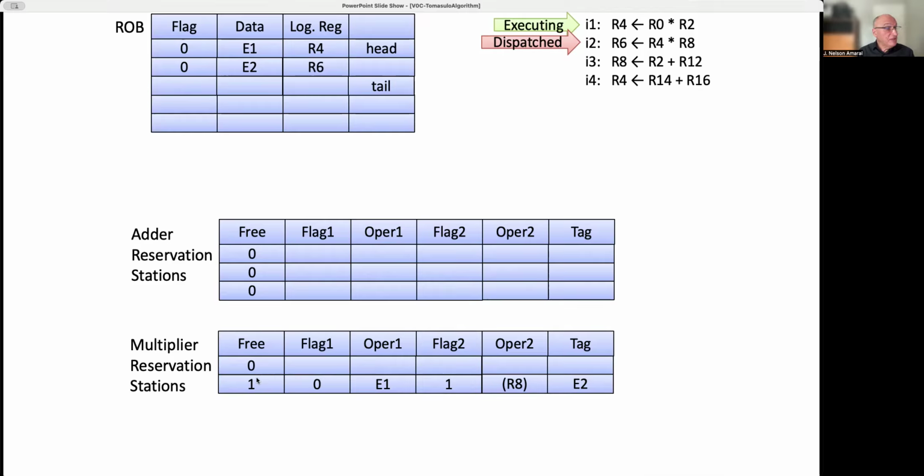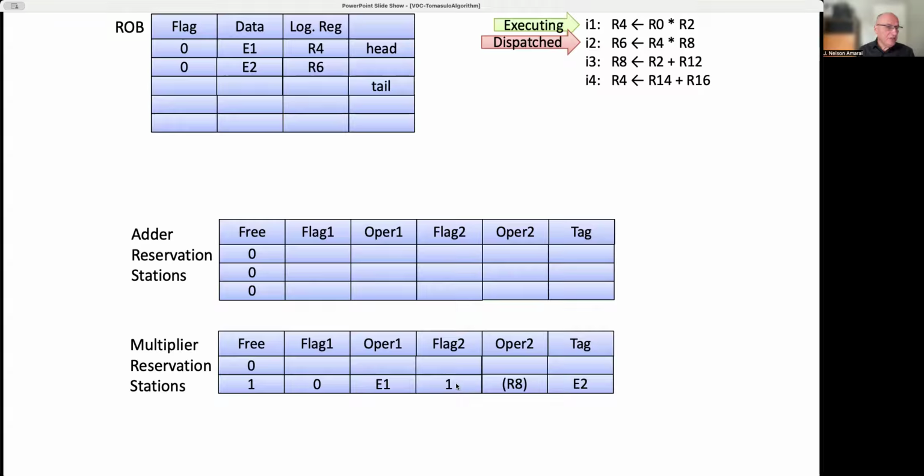It indicates that this entry is not free, and the flag 1 has a 0, indicating that the value is not available, and operand 1 has the value E1, indicating that the value I'm going to have for the first operand of I2, which is the register R4, will be computed by the instruction that's currently in position E1 of the reorder buffer.